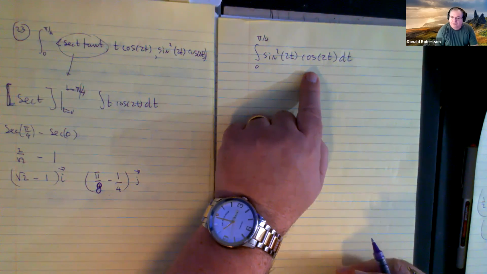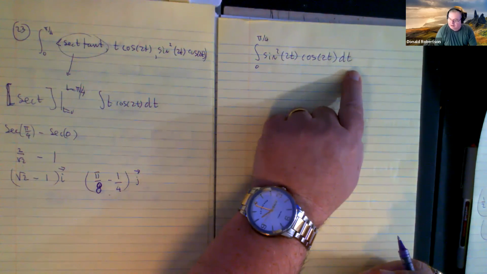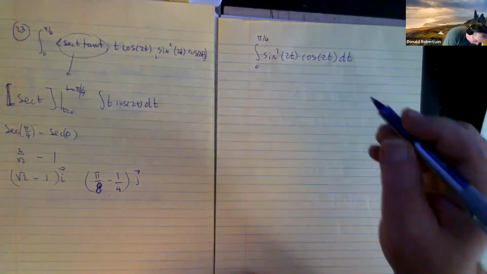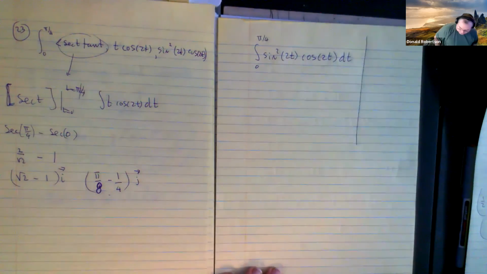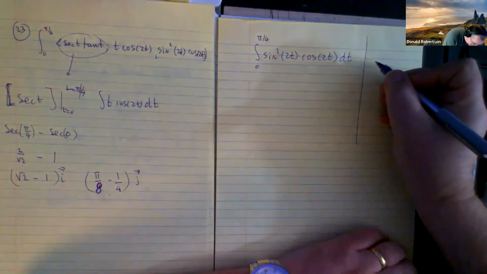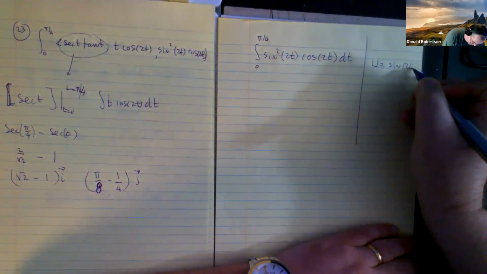Wow, that wasn't expected. 1/6. Did you get that? Okay. Do you recognize that this is a U-sub question? That's how we're going to solve it. And the U-sub is going to be the sine of 2t.